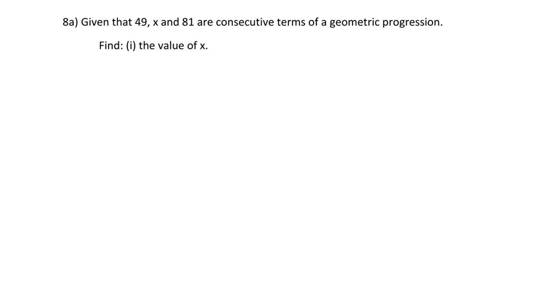Okay, so we have to recall that in geometric progression, two consecutive terms give the common ratio between them, meaning the ratio between the second term and the first term is going to equal the ratio of the third term and the second term. Okay, so using that relation, we are saying G2 over G1 is going to equal G3 over G2.